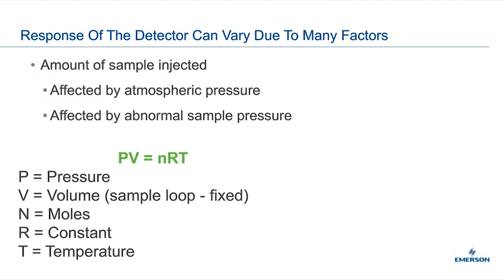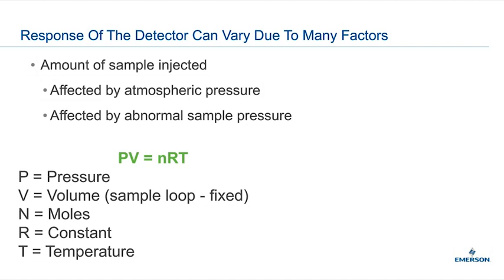When a sample is injected, it can be affected by atmospheric pressure. Think of storm fronts coming in and how that changes atmospheric pressure. You could calibrate your GC on a beautiful sunny day, and then a storm front comes in while you're running your analysis, and you're going to have a slight change in pressure.